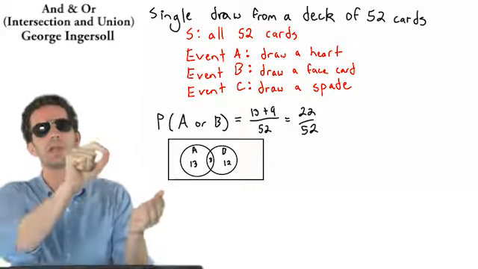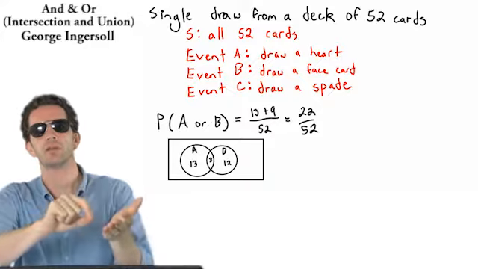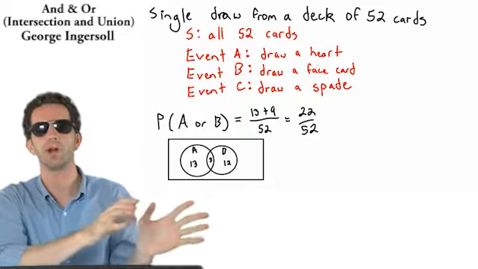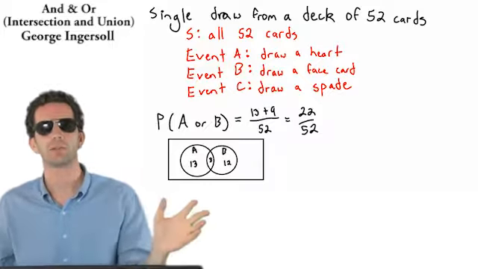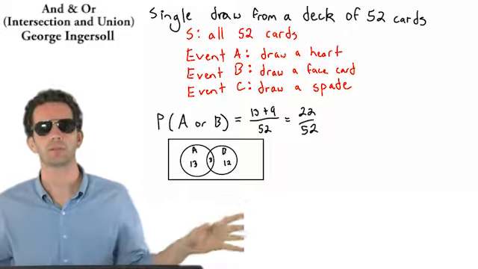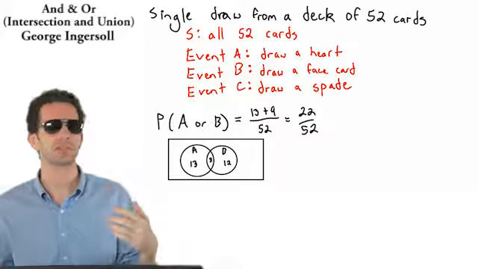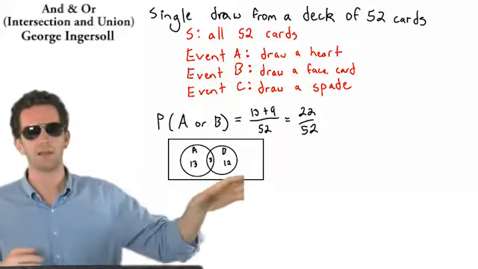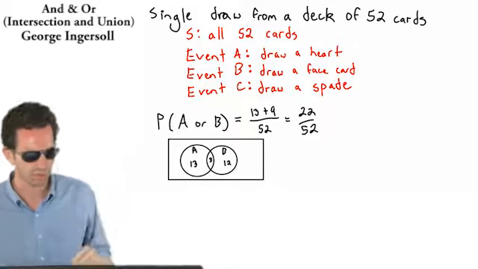We'd say there's ace through 10 of hearts, and then there's jack, queen, king of hearts. Those are the face cards that are also hearts. We counted them once. But then if we count them again with the face cards, we're double counting them. We only have 22 possible outcomes. You could start with face cards and say there's 12 of them, but we can't count them again when we're talking about the additional hearts that we might choose. So there's only 22 possible outcomes.